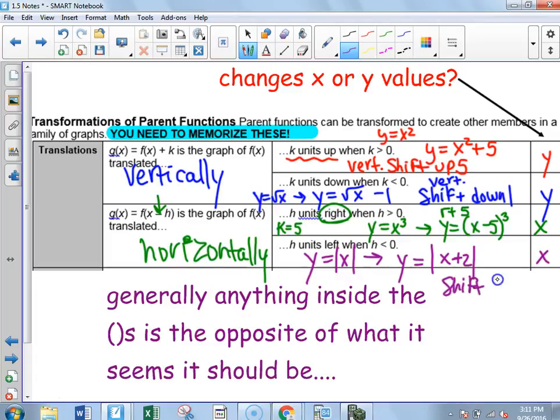Right. Because the original, see it says x minus h. So here h is actually negative 2. So it's shifting the graph left 2. Just remember, when it's inside there, it's the opposite of what it seems.